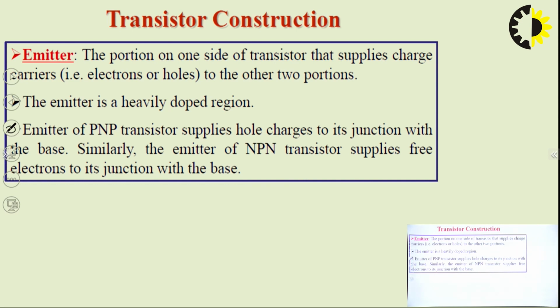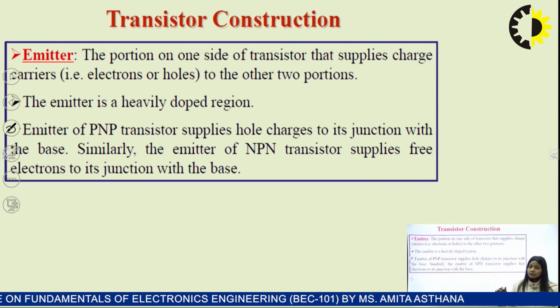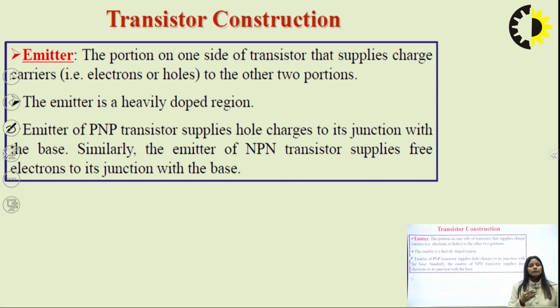The emitter is the portion on one side of the transistor that supplies charge. Emitter means one who emits the charge carriers, right? If my emitter is providing charge carriers, suppose my emitter is N type, it will provide a number of electrons, charge carriers, to my collector and base junction.